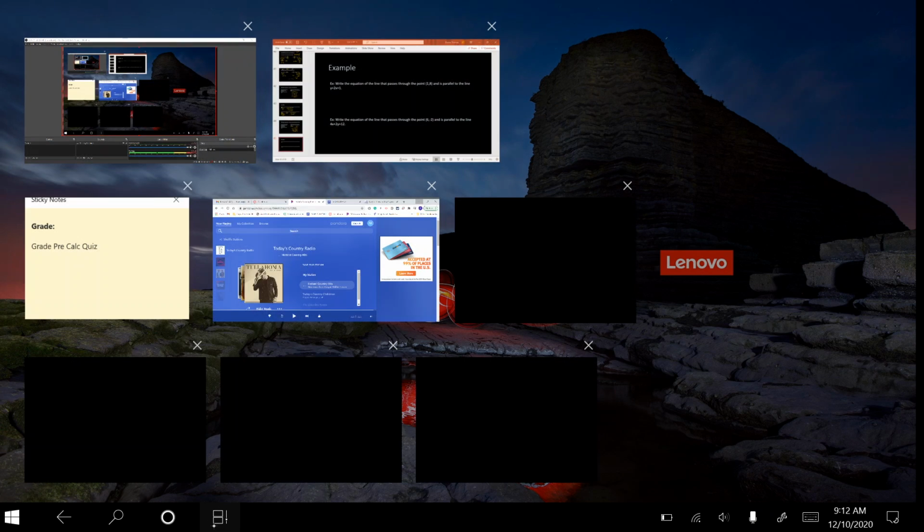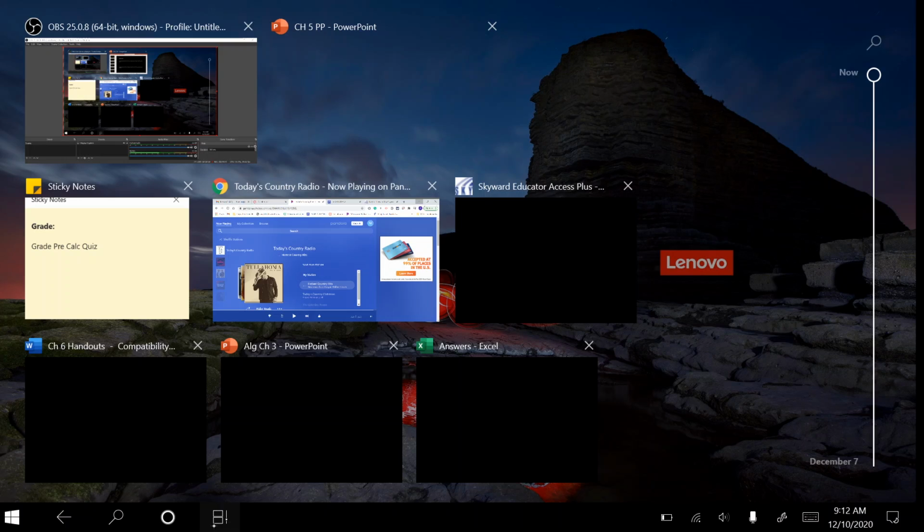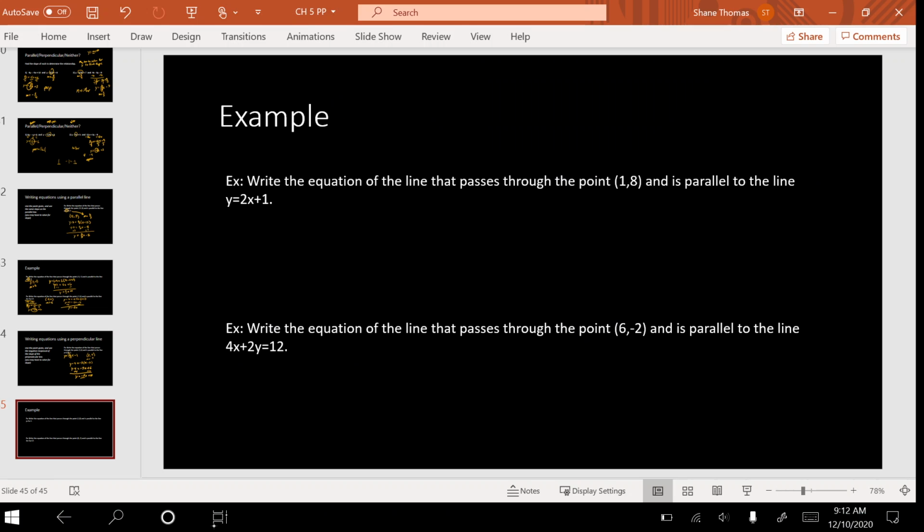Yep. So in the first one, we have a point already. We have a point of (1, 8), right? Now, what's the slope of the other equation? Okay, so if that has a slope of 2, I want my line to be perpendicular.